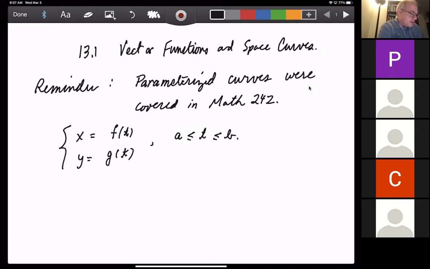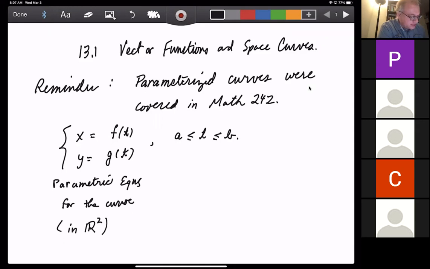So we call these the parametric equations for the curve. Right, these are the parametric equations. Right, and this is a curve in two-dimensional space, R2.